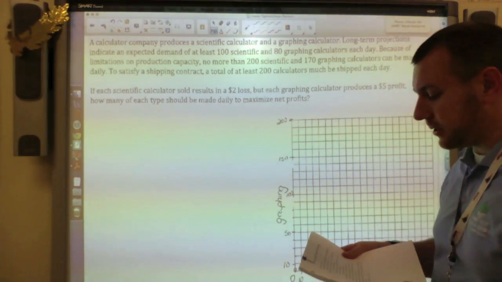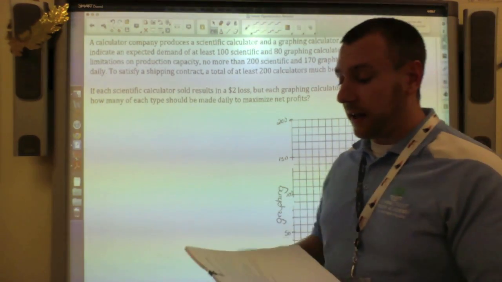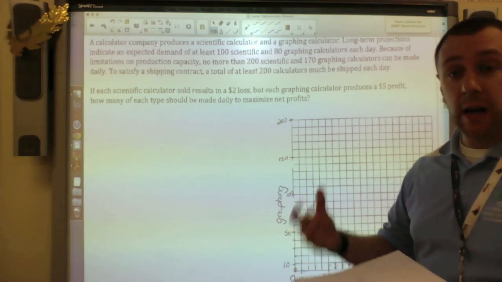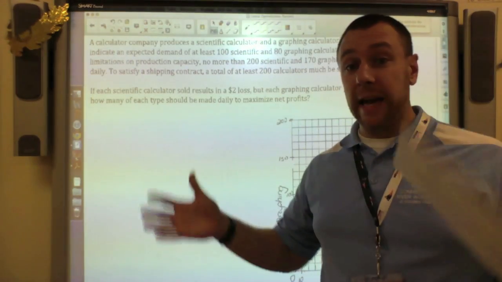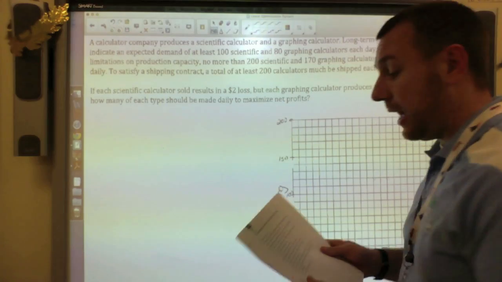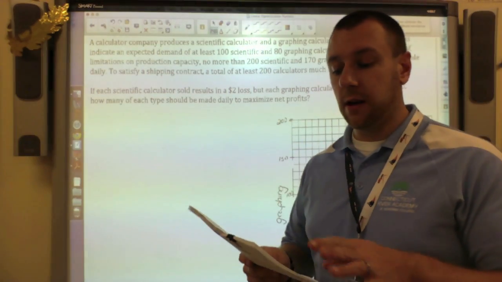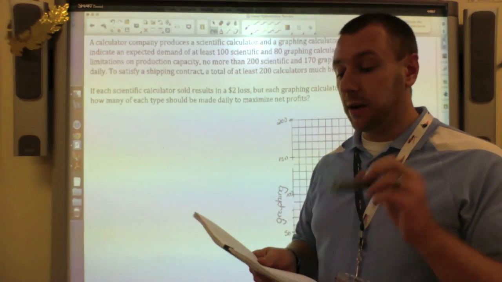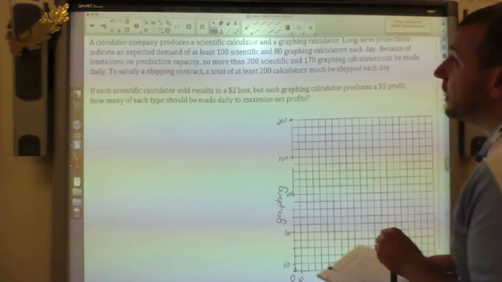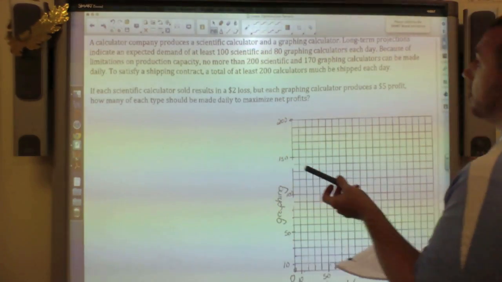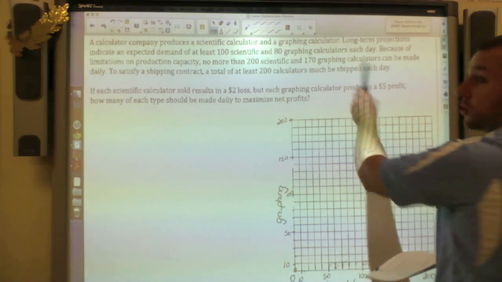The second step is to reread and identify what I'm trying to figure out. What is the problem, or what is it asking me to do? I'm not doing anything else, I'm just identifying. So, a calculator company produces scientific calculators. There's no question there.